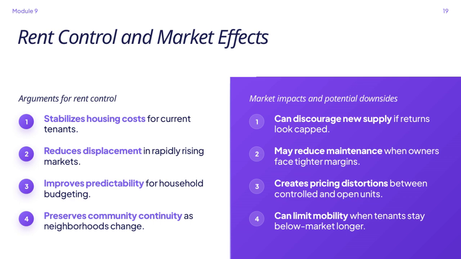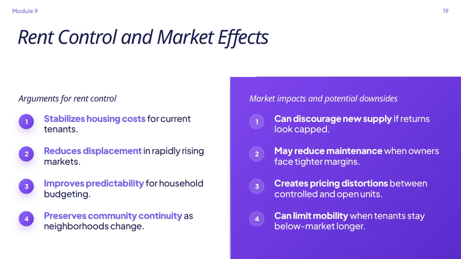On the other hand, there are some potential downsides and market impacts to consider. Rent control can discourage new housing supply because if landlords feel their returns are capped, they might be less motivated to build or invest in new rental properties. It may also lead to reduced maintenance, since property owners facing tighter profit margins might cut back on repairs and upkeep.